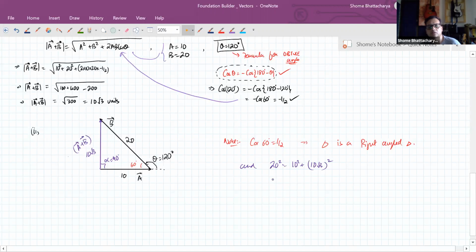So you can see that the magnitude of B, the magnitude of A, and this, they are making a Pythagorean triplet. So this is also showing you the same thing. Therefore the third part, you can directly see that alpha is equal to 90 degrees, which you can also see by the formula method.